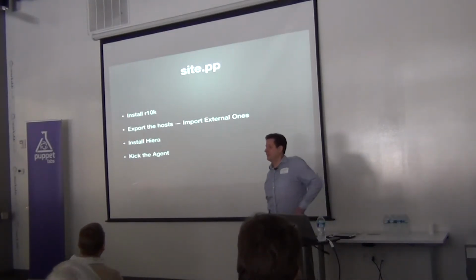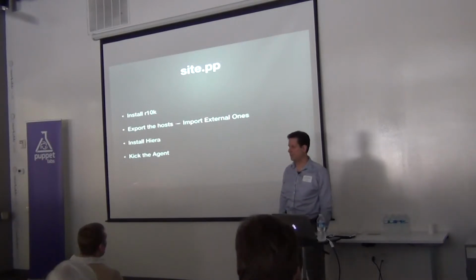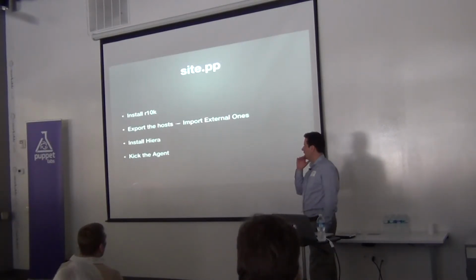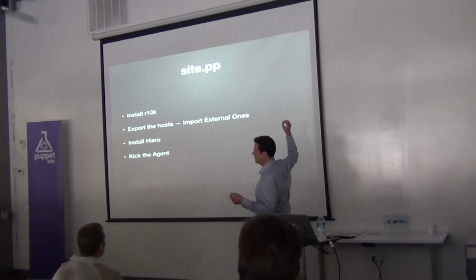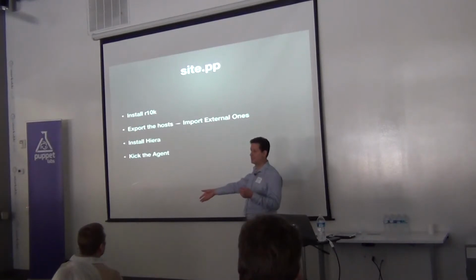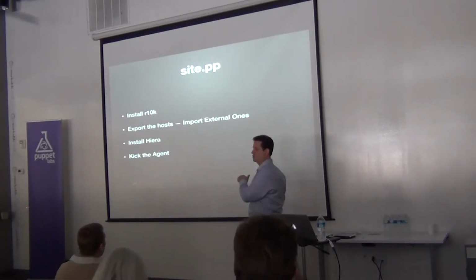Yes, please. What do you mean when you say it kicks the Puppet Master? So, your Puppet Master, as well as every agent, has what's called a Puppet agent going. So basically when we say kick it, we're saying run the Puppet agent. The Puppet agent does what you just observed earlier: takes the facts, sends them to the Puppet Master, which says this is where you should be, and the Puppet agent configures it.